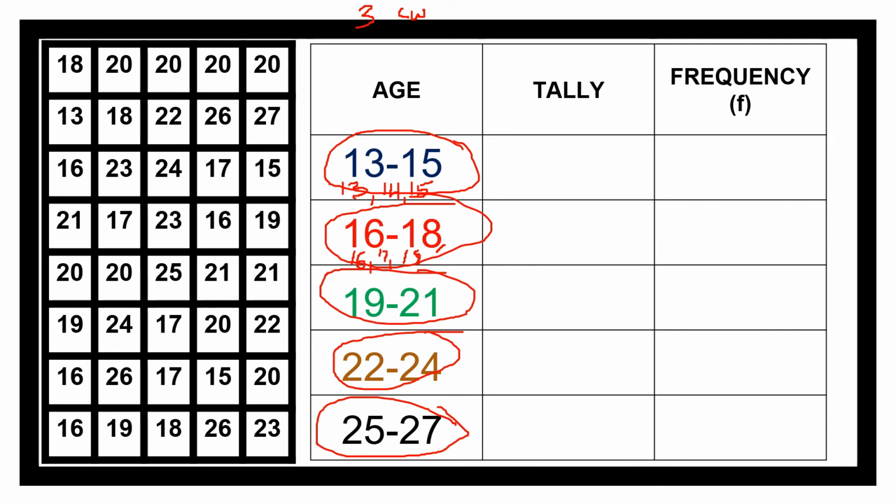So just like what we did in the ungrouped data, we will now do the tallying again. So let's start with 18. It is located in this class interval 16 to 18. So we are going to put the tally mark here, followed by 20. So where is the 20? Very good.